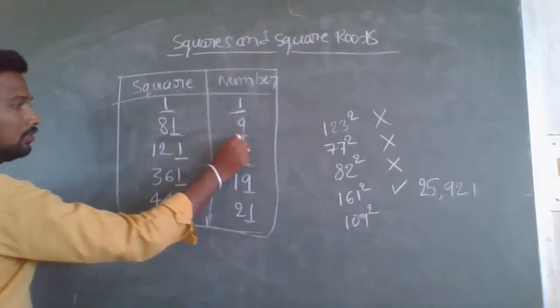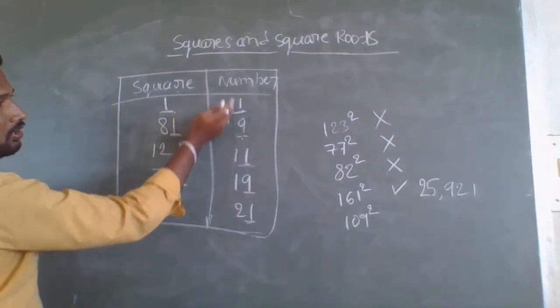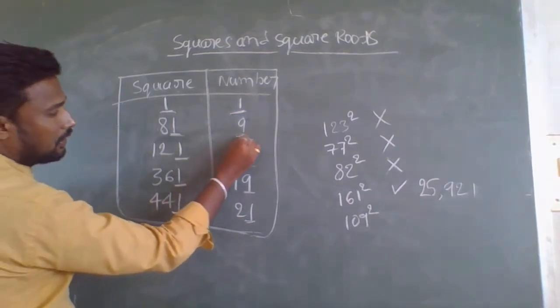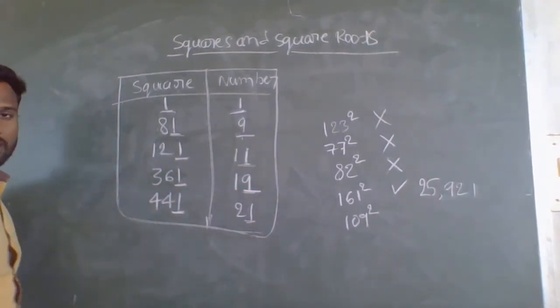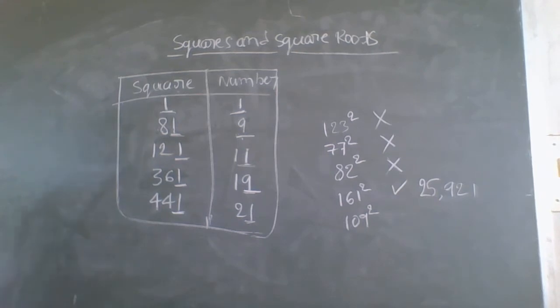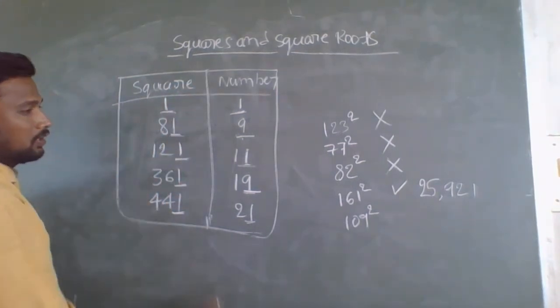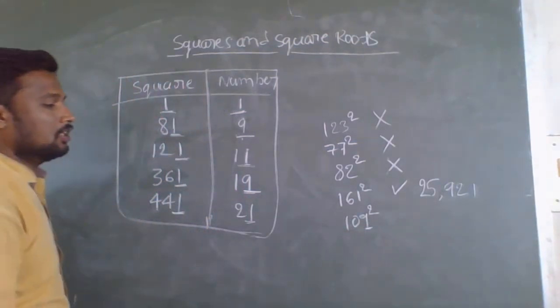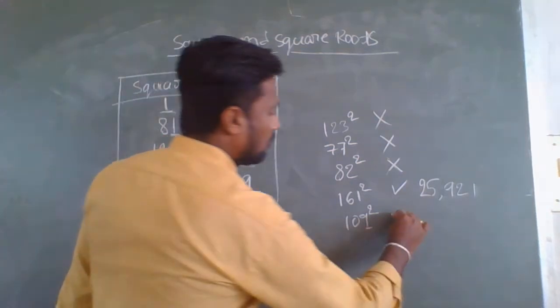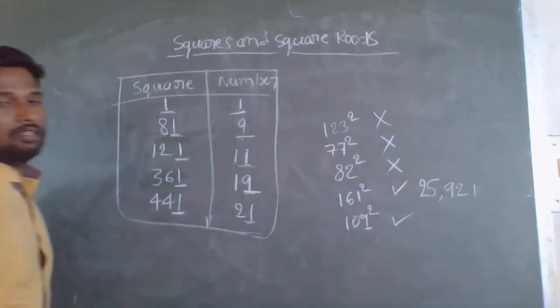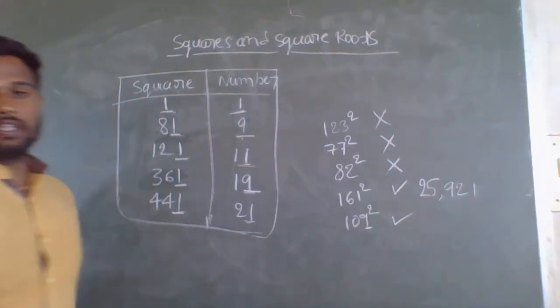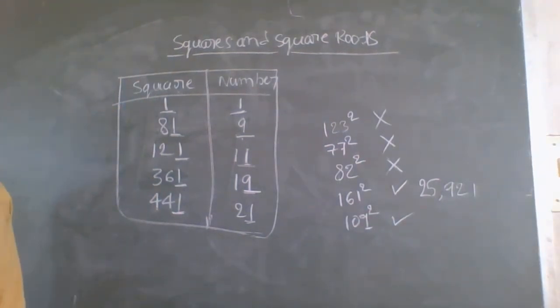We discussed that when the unit place is 9, the square number always ends with 1. So in 109, at the unit place 9 is there, so the square number ends with 1. You can check this, 109 into 109. The square value will end with 1 only.